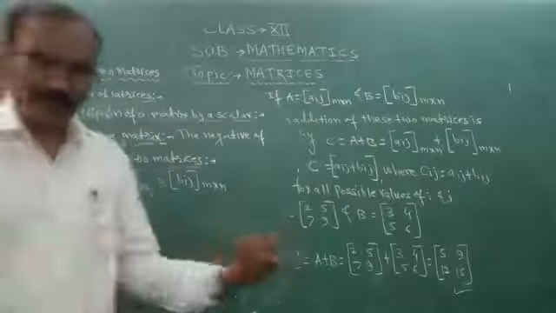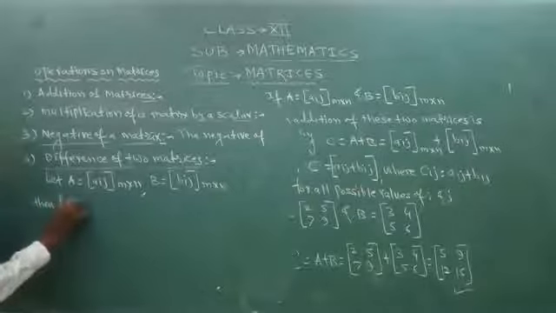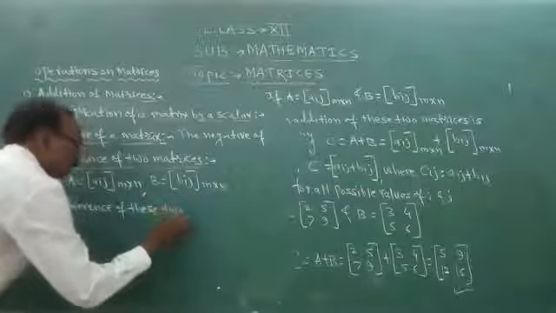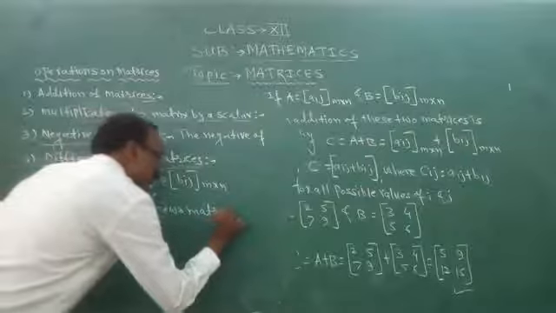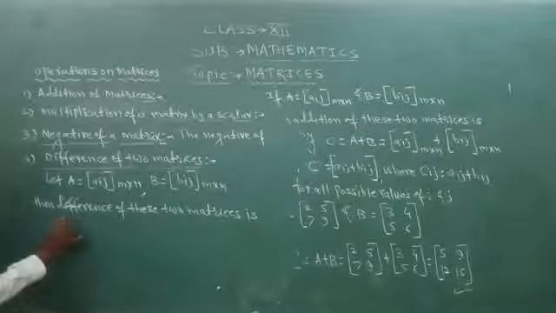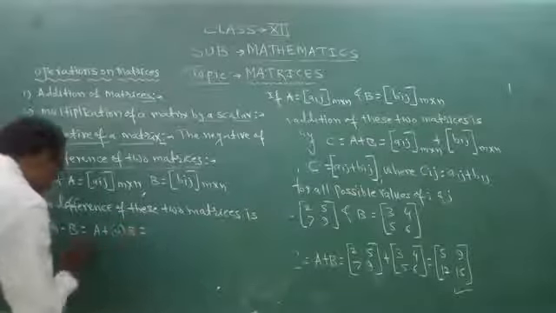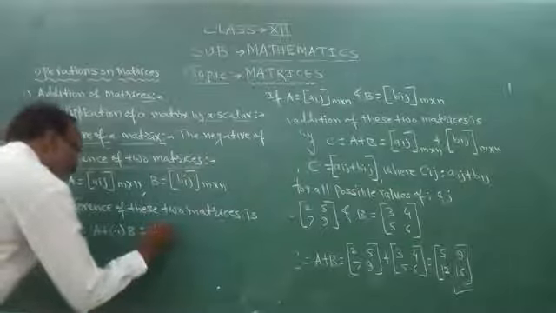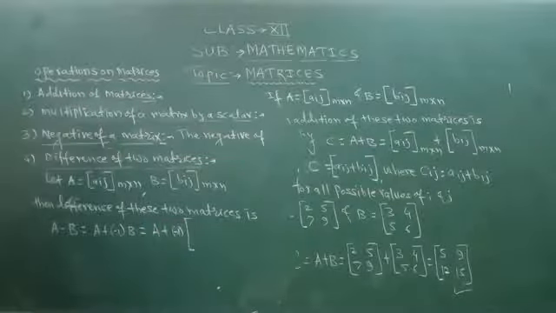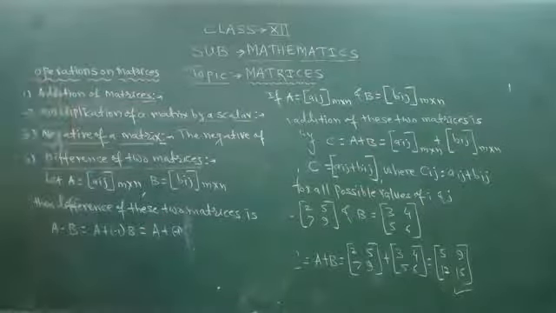The difference of these two matrices, that is A minus B, I can write this as A plus -1 times B, the negative of the matrix B. So that is A plus -1 into Bij. So A plus -1 times B.